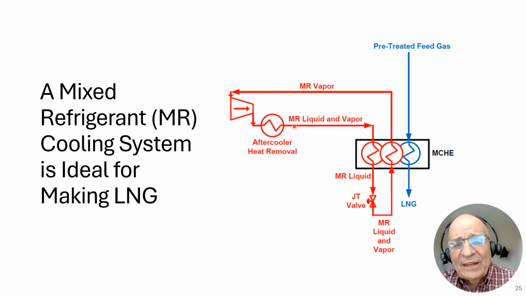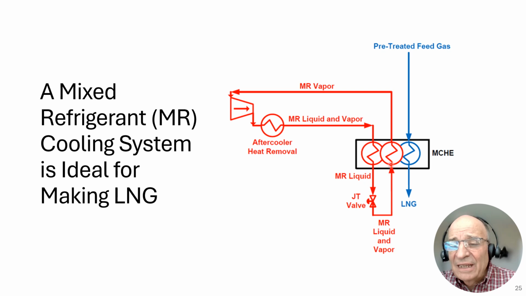But now that we're at a higher pressure, when we remove heat, we end up with MR being a liquid and a vapor. Then we go into this heat exchanger and we cool down the MR even further to make it 100% MR liquid. And then we go through a JT valve where it flashes to an MR liquid and vapor, but at a much colder temperature.